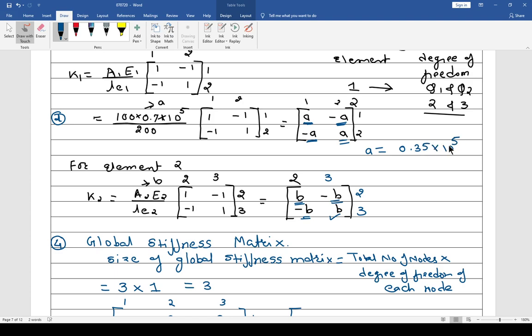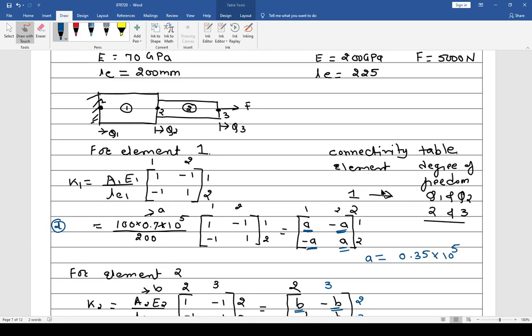Just verify whether I am doing the correct calculation or not. Here in this case the area is 50.